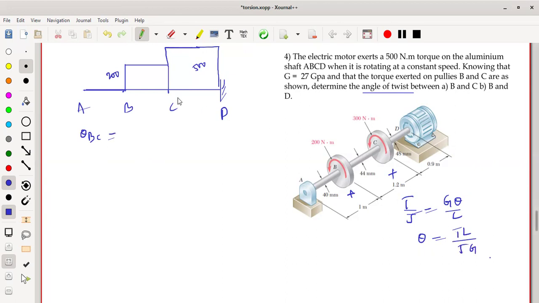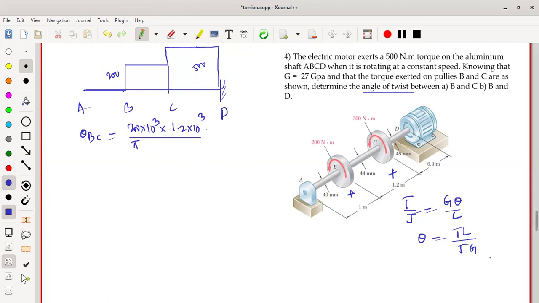So first of all, T in between BC is 200 into 10 to the power of 3, since it is in millimeters. Multiply L. L from here to here, you can observe, is 1.2 meters. So it is 1.2 into 10 to the power of 3 whole divided by J, which is pi into d to the power of 4 divided by 32.